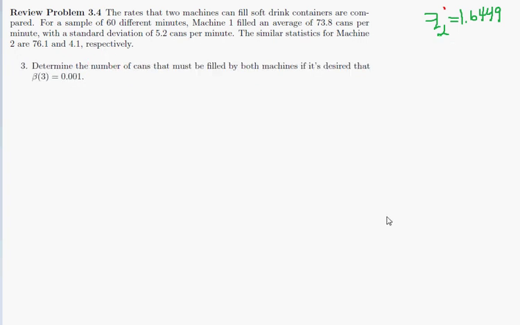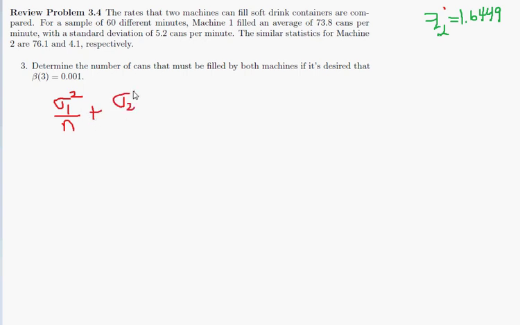For the third part of the problem, suppose that we want beta of 3 to be not equal to 0.03 but equal to 0.001. What is the number of cans that must be filled by both machines to make that happen? So the formula for this would go that we want sigma 1 squared over n plus sigma 2 squared over n.